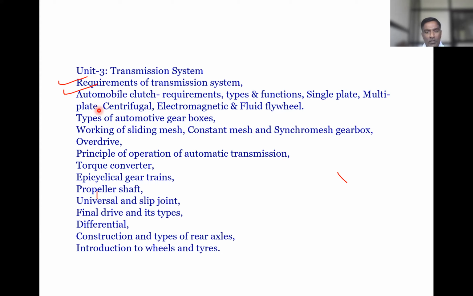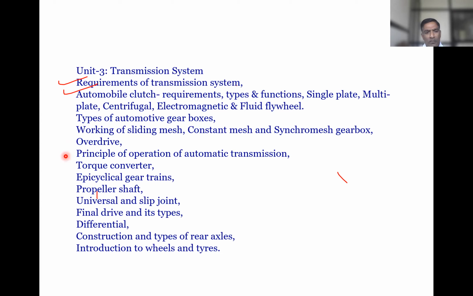With respect to each, we are going to see the construction and its working, and based on the advantages and disadvantages, we will discuss which type of gearbox is used in the automobile. Then one of the important elements used in automatic transmission is called overdrive.